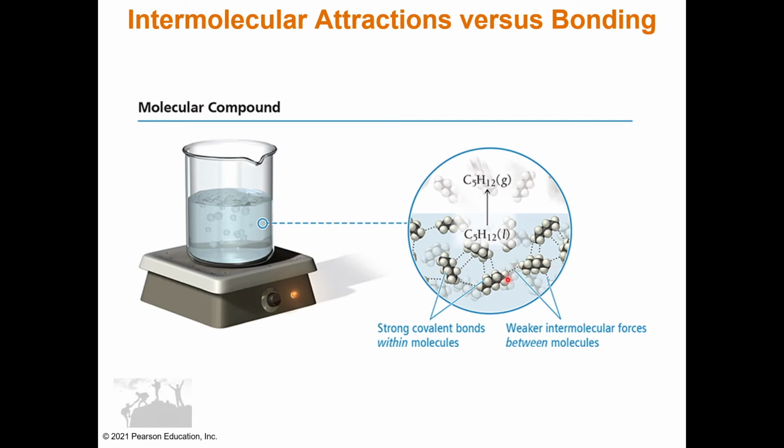It's these weak intermolecular forces that break during boiling so that these liquid molecules become gaseous molecules. The covalent bonds found within the molecule stay intact. If these covalent bonds actually break, then what we're going to be looking at would be a chemical change instead of a physical change. So with this physical change, the molecule is still pentane.